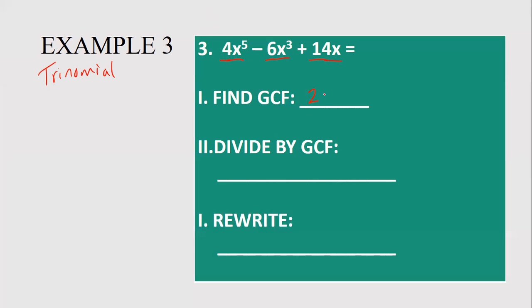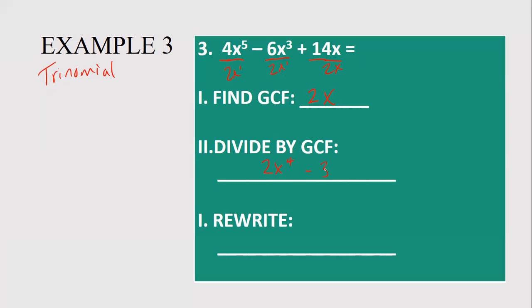What is my least amount of x's? Just x. So I divide by 2x. When I divide by 2x, what do I get as my quotient? Remember, you're subtracting. What's 5 minus 1? 4. So you have 2x to the 4.